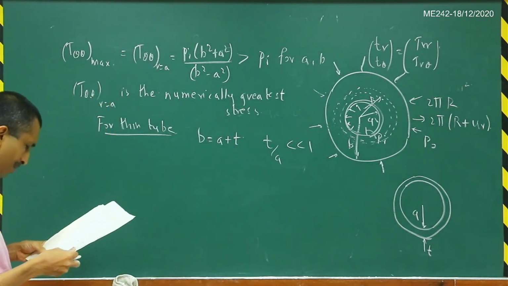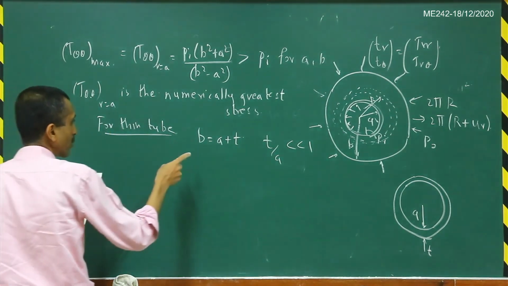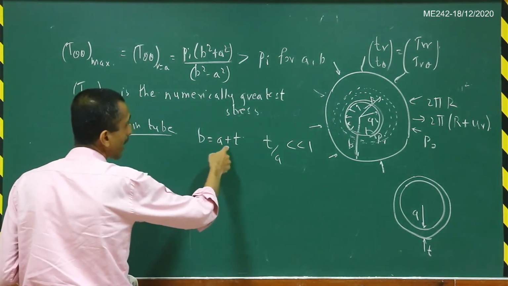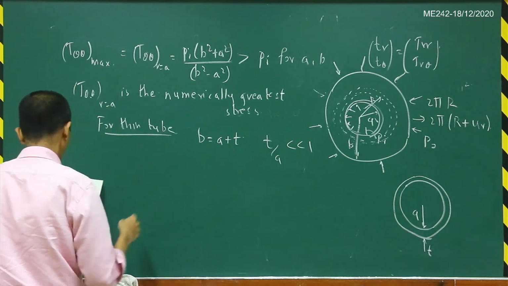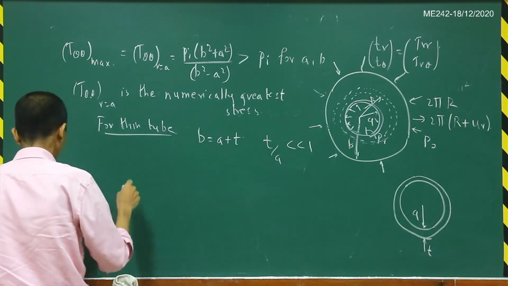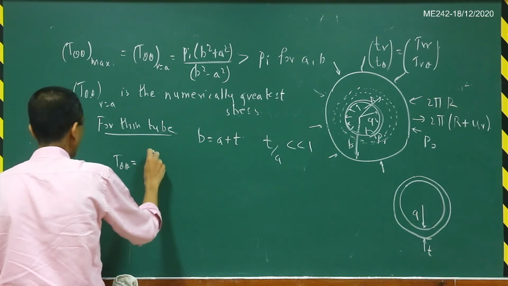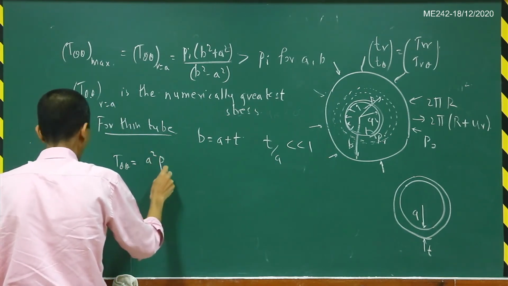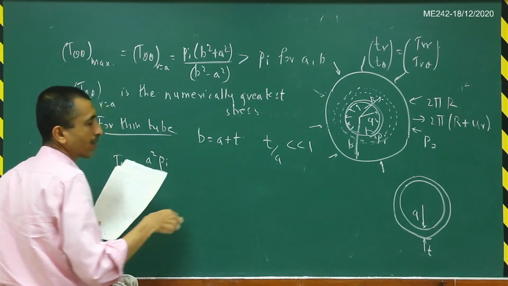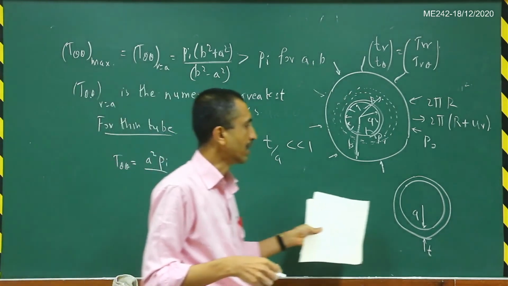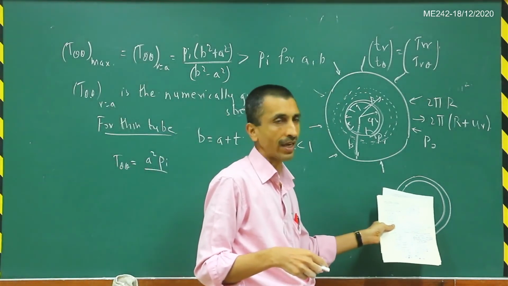And then from this, if I now substitute B as A plus T, we will try to make this approximation here. So we will get that tau theta theta is equal to A square Pi. Again, we are now considering only the case where the pressure is applied on the inside, not on the outside.